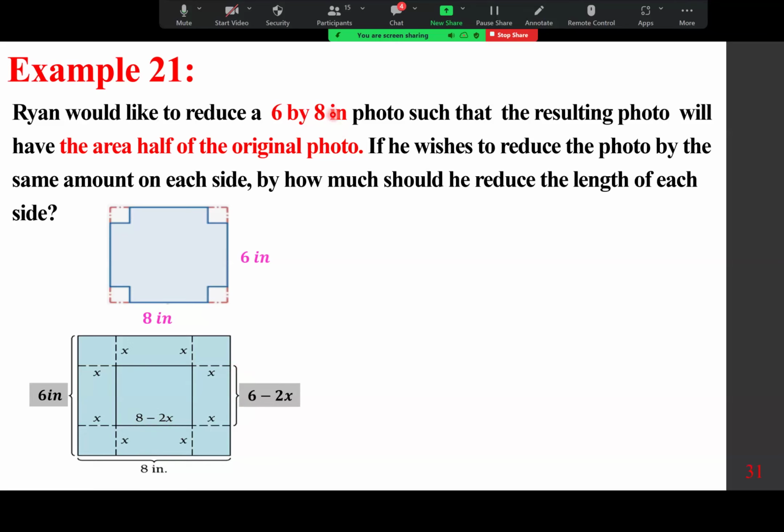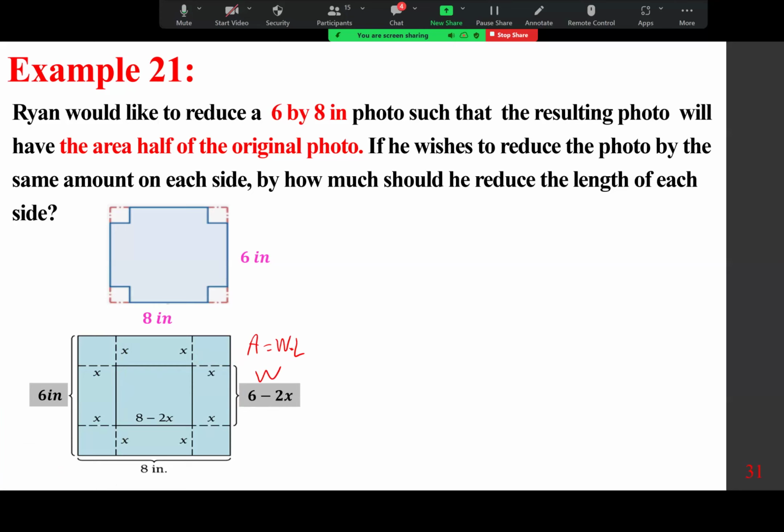So this is the size, and therefore 6 by 8 or 48 square inches is the original area. We want to cut the area in half. So we want half of this. So how do we find the area? The area is the width times the length.